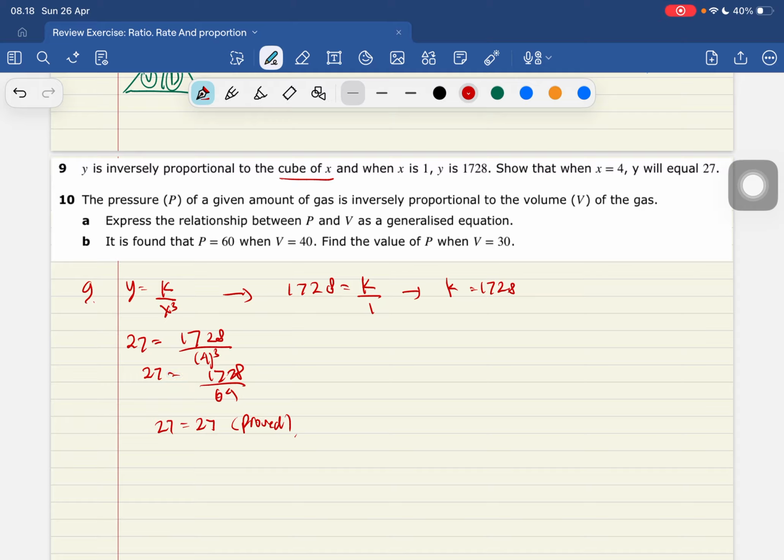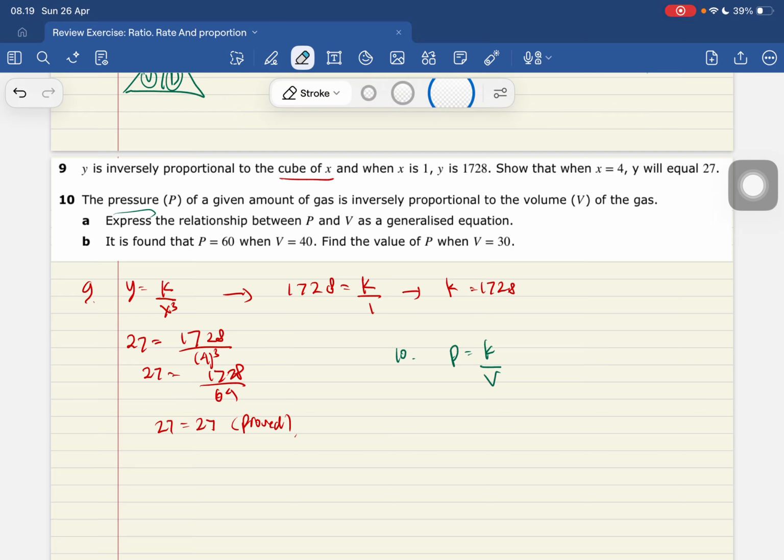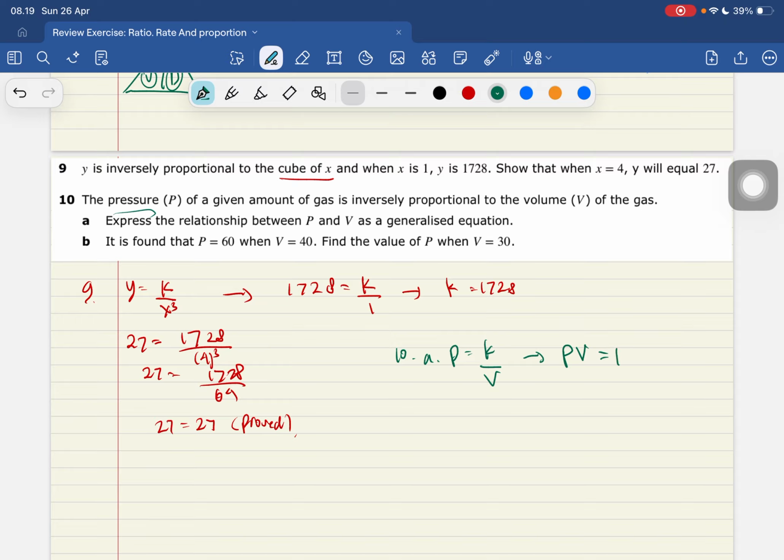Okay, number 10. The pressure of a given amount of gas is inversely proportional to the volume. So P equals k divided by the volume, or we can just make it pressure times volume equals k, the constant of proportionality.